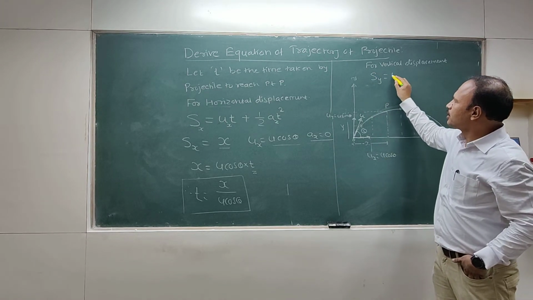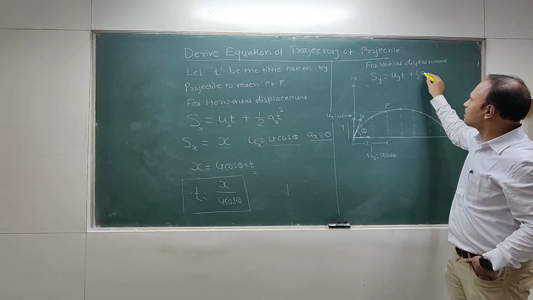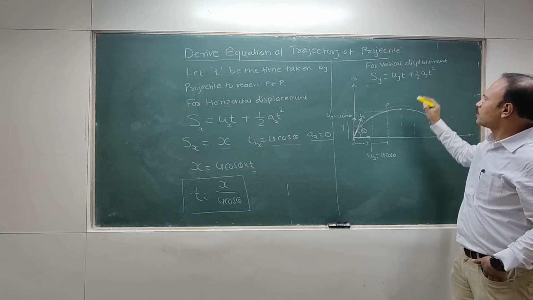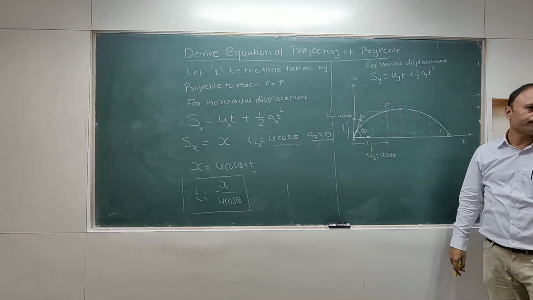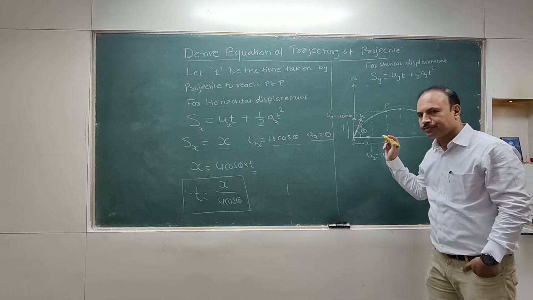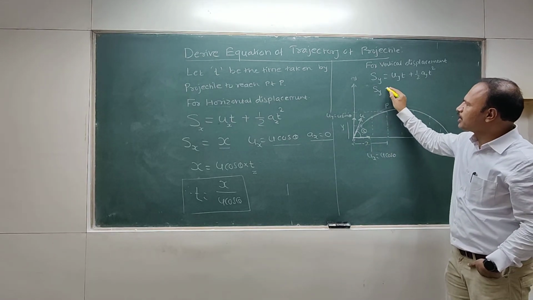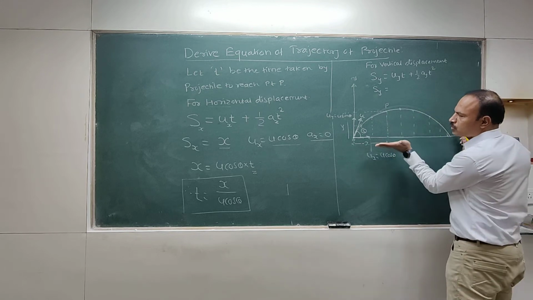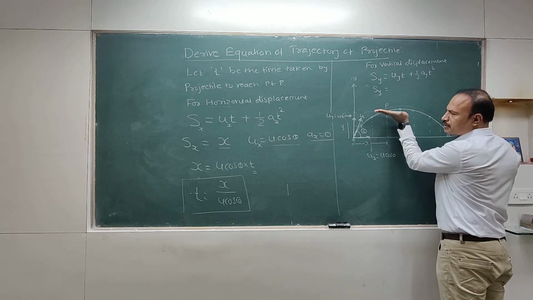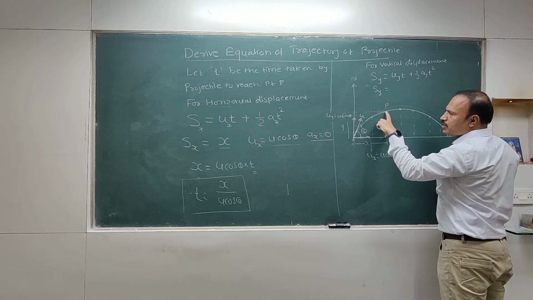Sy is equal to uy t plus half ay t square. Now Sy will be written as plus y, because above the origin we consider the vector as plus.